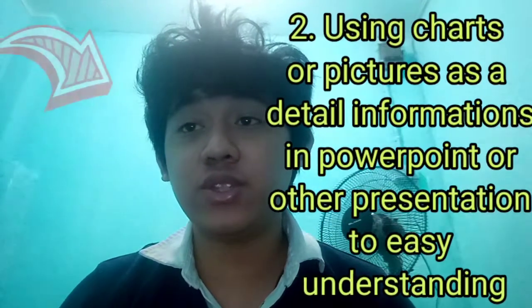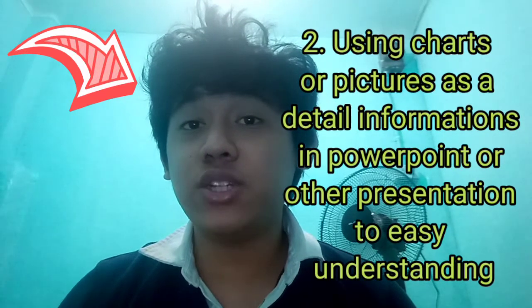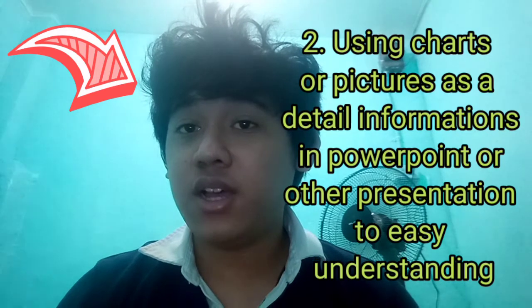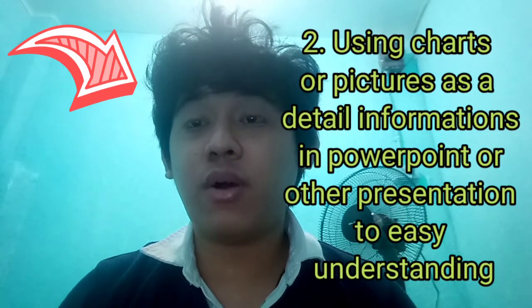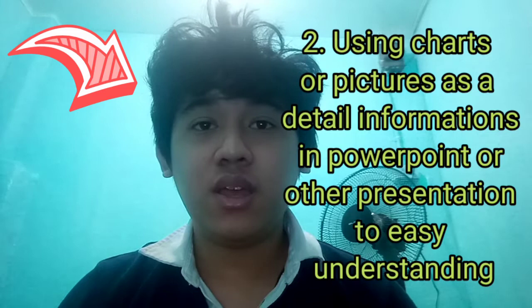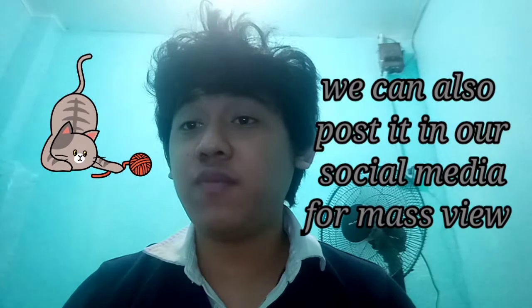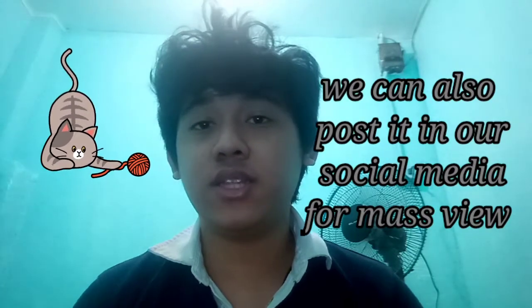We can use charts in PowerPoints, presentations, or pictures so that our audience, the people that are watching or listening to us, can learn more about your presentations easily because they can see simple and clearer examples. We can also use photography and capture local happenings that the people in society need to know, and we can post it in social media or in other platforms for mass audience learning.